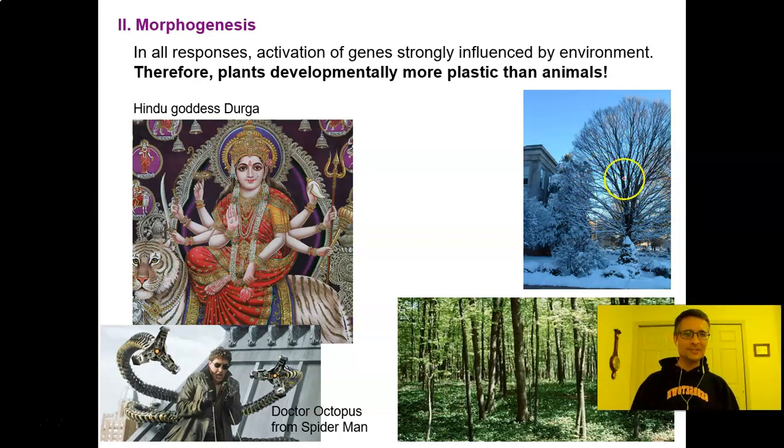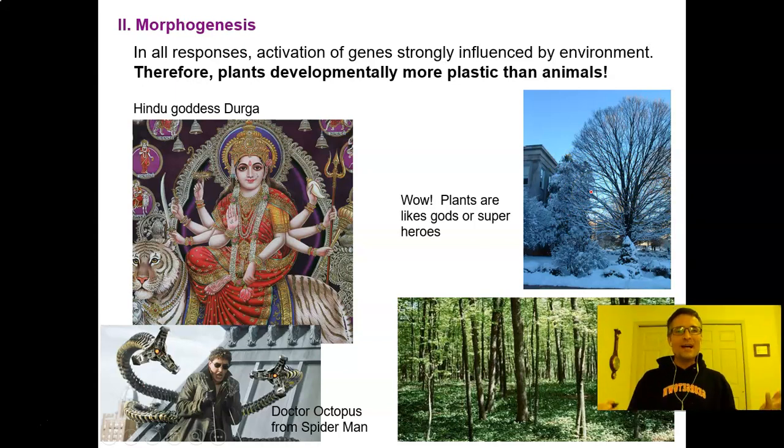And of course, if you were seeing it in the summer, it would have far, far more leaves. So, wow, right? Plants are sort of like our gods or like our superheroes, right? They can develop all these extra organs to do whatever it is they need to do. And so we just have to appreciate sometimes that we're surrounded by these godlike or superhero-like creatures that are behaving in the world all around us.